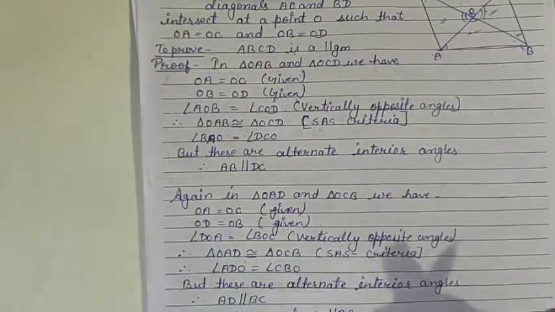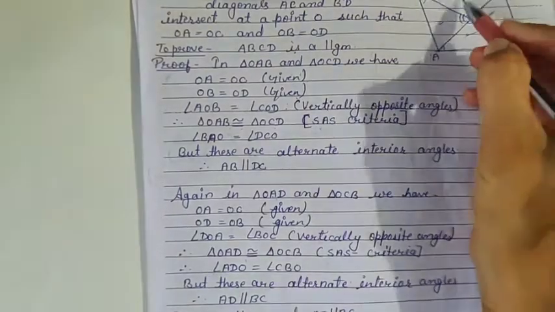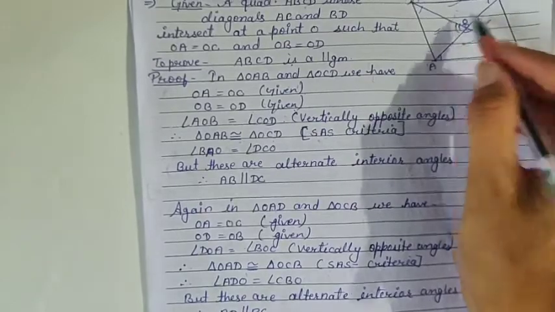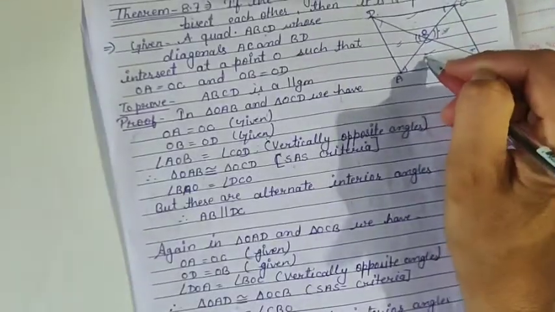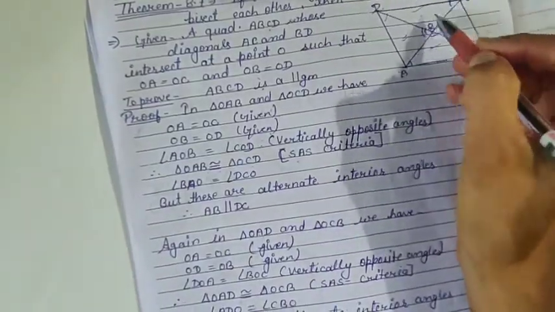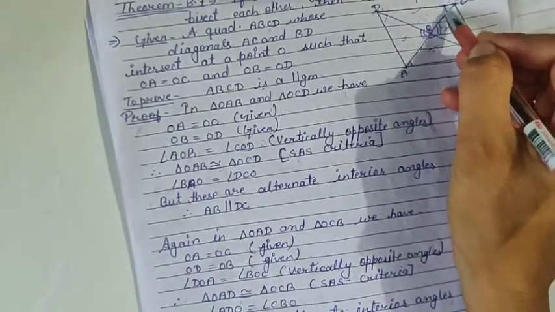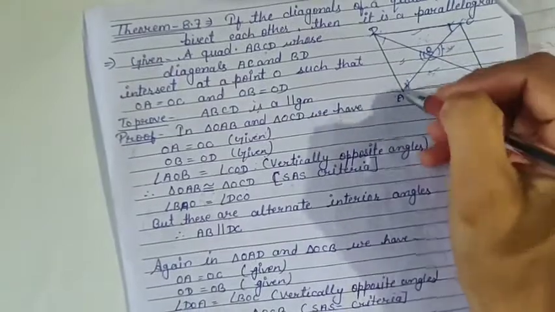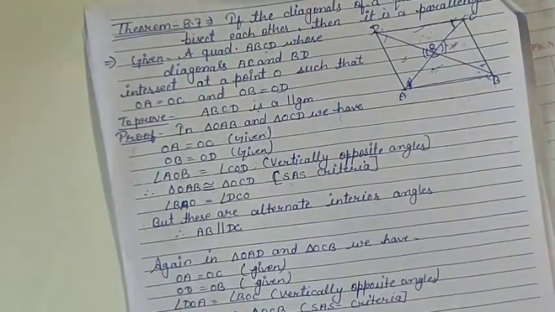Students, in this theorem, firstly we take these two triangles and we prove them congruent. These two triangles are congruent to each other. It means this angle equals this angle, but these two angles are alternate interior angles.